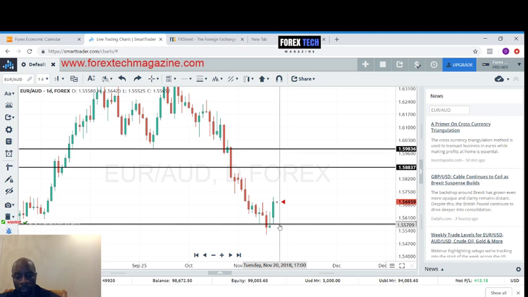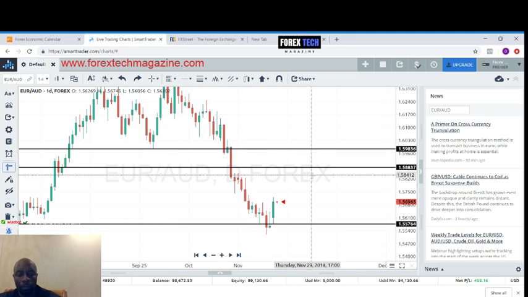Vice versa, if we're looking to buy, this might be a good area to buy, right? Go in, put in our buy, and then put in our stop loss somewhere back here, below that swing low, right, and then put our take profit up here, at that resistance up here.